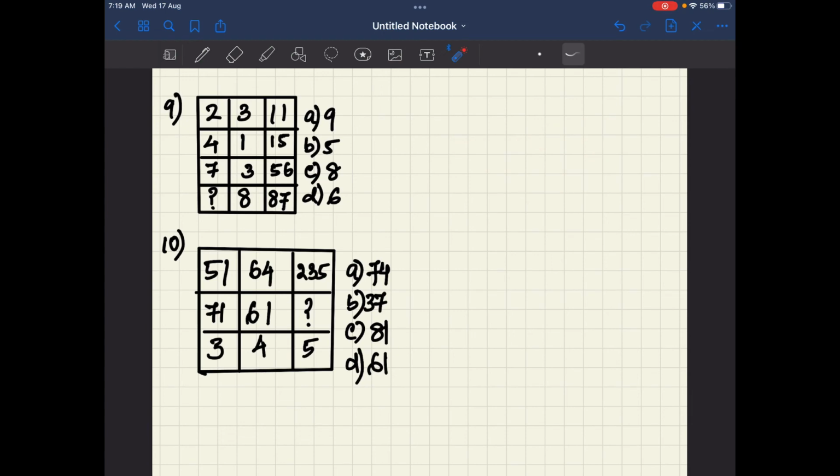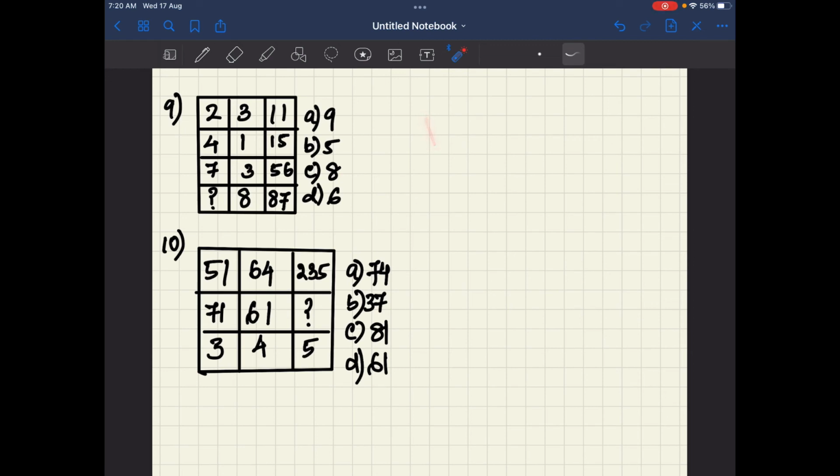Let's check it for the second row. But for the second row it is 4 cube, 64. So this logic is not correct. Can we write it as 2 square plus 3 square equals to 11? Yes, 4 plus 9 equals to 13, but the answer is 11.